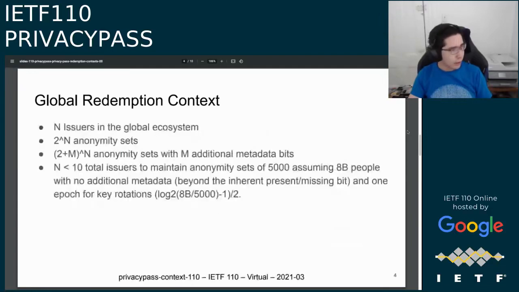Next slide. This is mostly a copy of the math that was in the previous one, but any minimal sorts of values very quickly requires us to limit the number of issuers within this global context to be a very small number, which introduces centralization concerns and makes the ecosystem very tight and unable to have much flexibility.